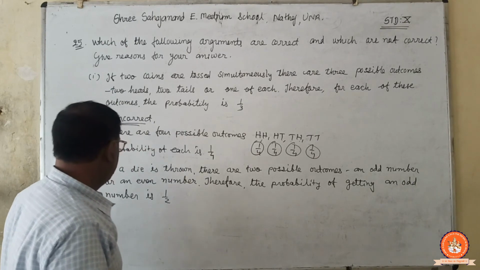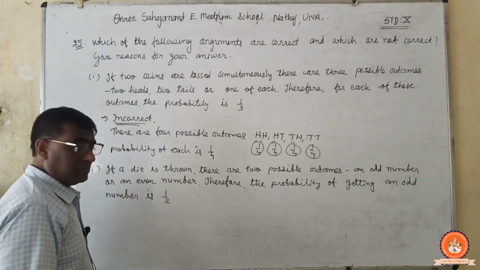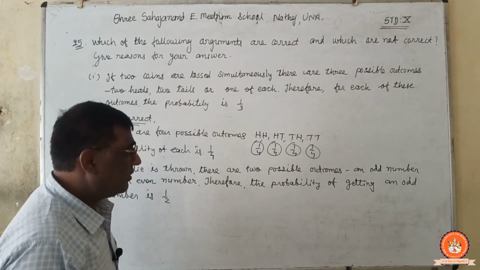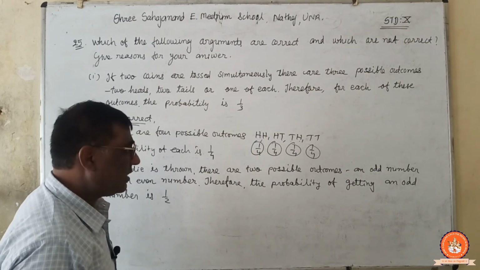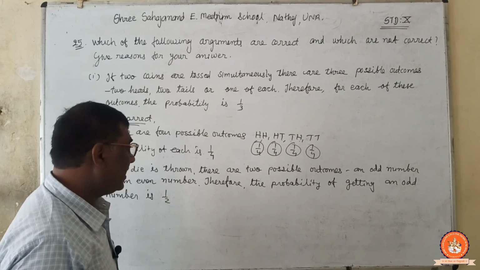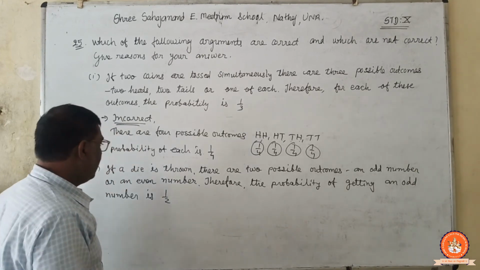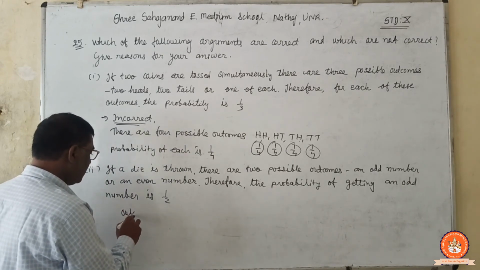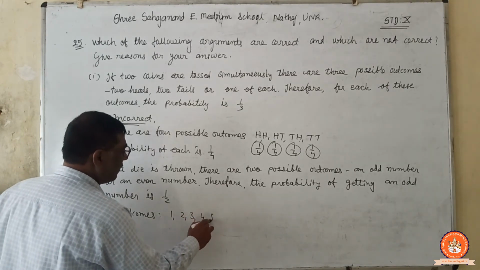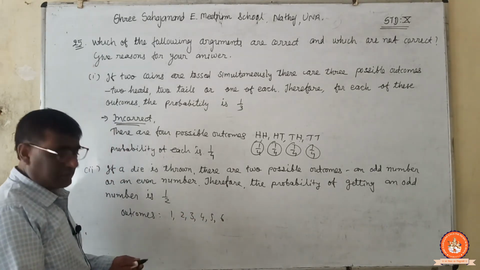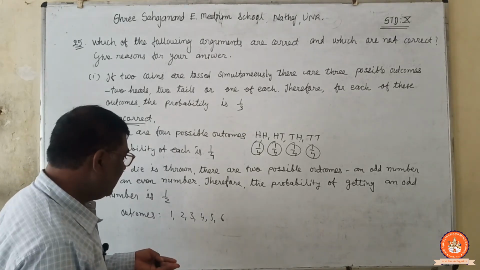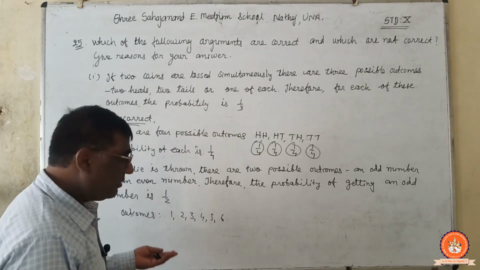Okay. Now the second one: if a die is thrown, ये die को एक बार thrown करो, there are 2 possible outcomes, either an odd number or an even number. So therefore the probability of getting an odd number is 1/2. My friend, outcomes are 1, 2, 3, 4, 5 and 6. There are 6 such possible outcomes, but my friend, you know that the number can be an even number or odd number.